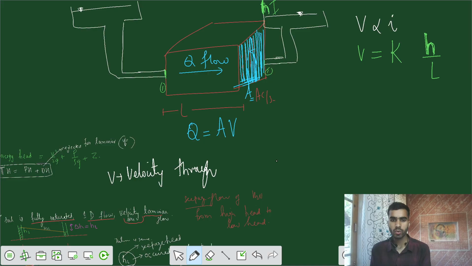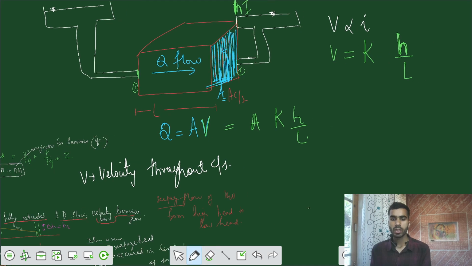Now let's write Q equals A times, substituting the value of V from Darcy's law, K times h by L. So the value of the coefficient of permeability would be K equals QL by Ah.